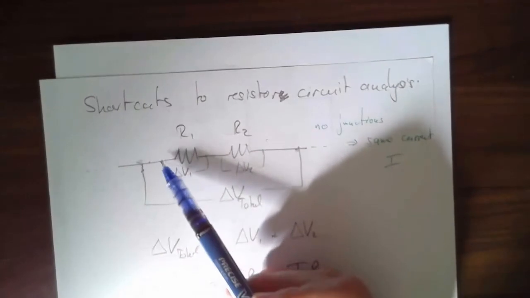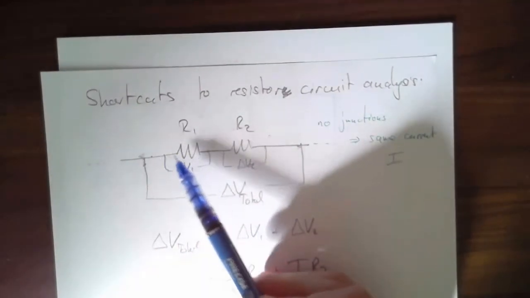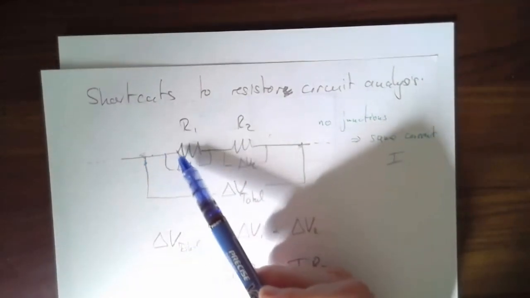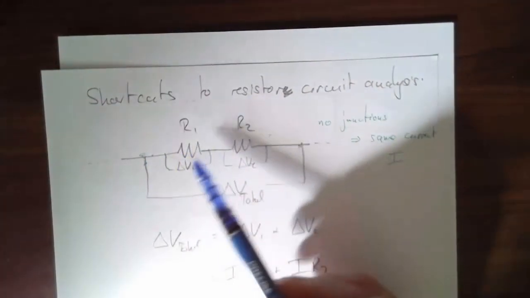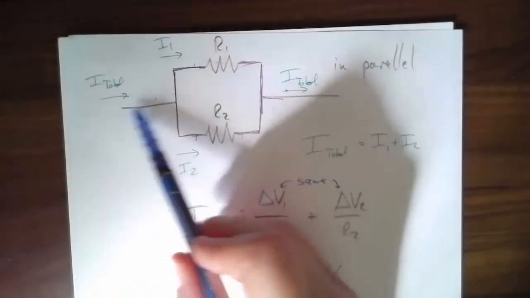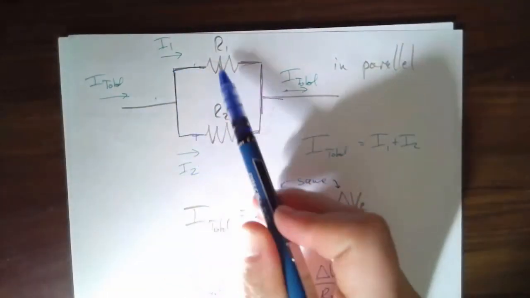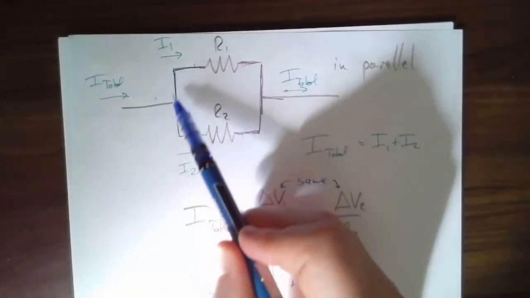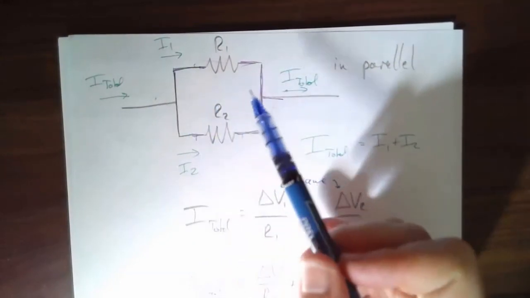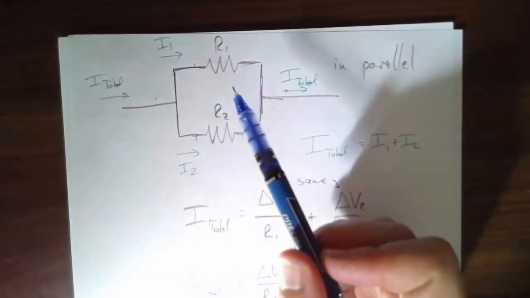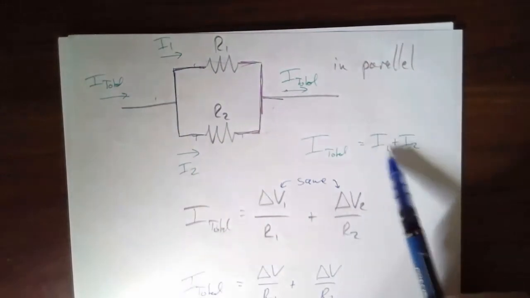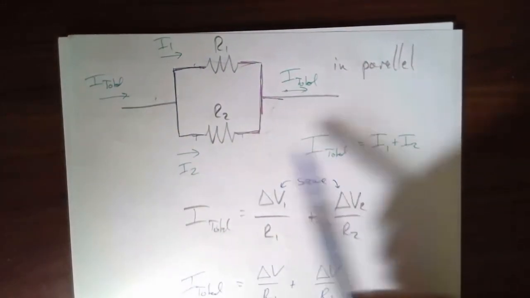Think of it again maybe with the road going through construction analogy. If your car has to go through this construction, this construction is going to slow you down a lot. Whereas if it's like this, then all the cars coming, yes, there's construction here and here, but at least the cars get split into 2, not necessarily evenly. I want to emphasize that, right? Just that the sum is equal to the total current.